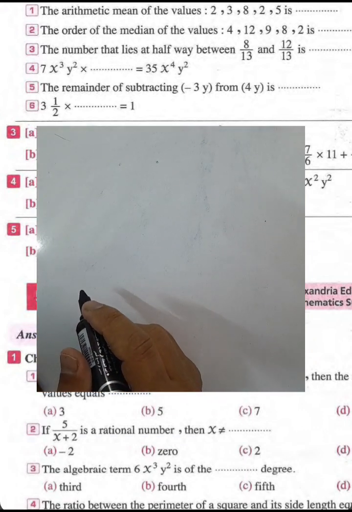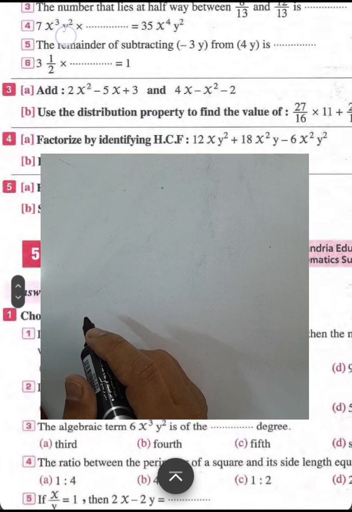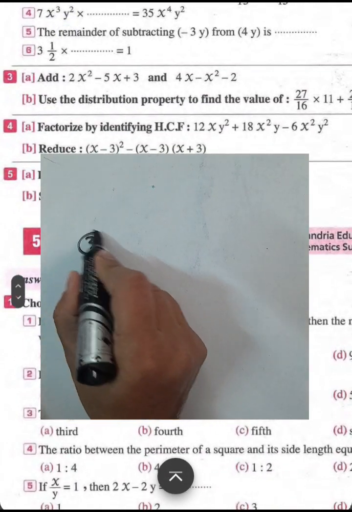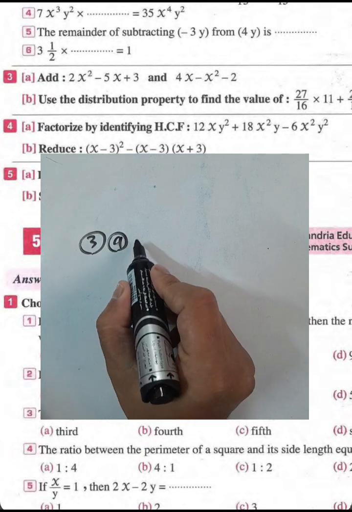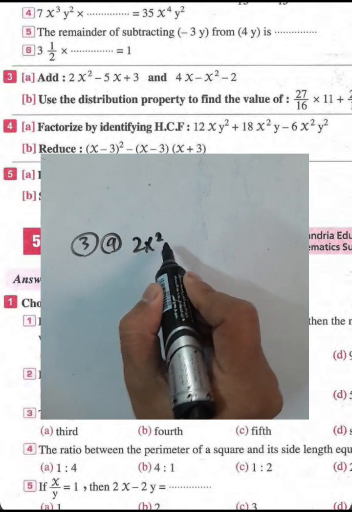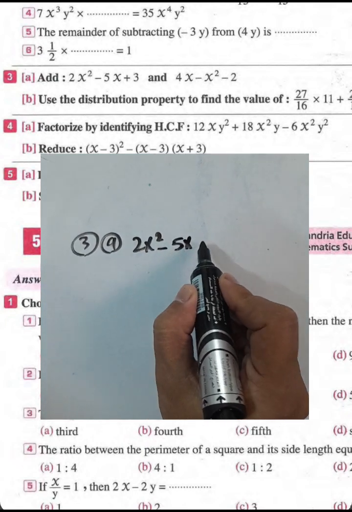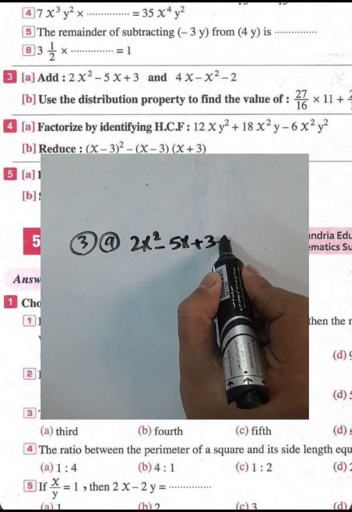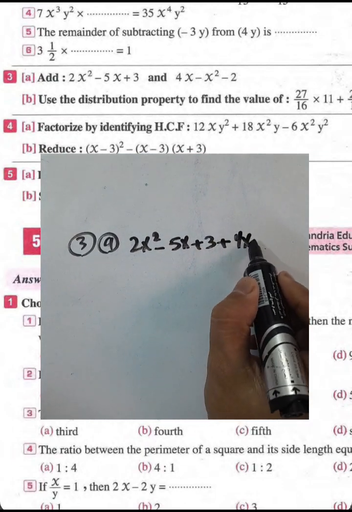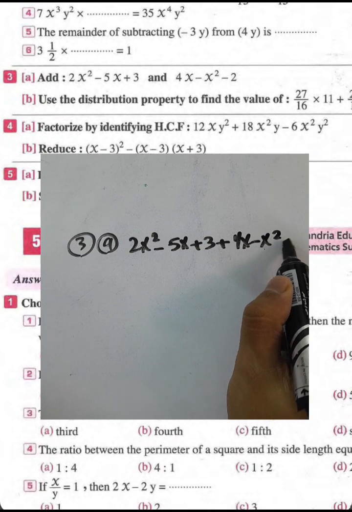Next, question number 3, letter A. Add 2x power 2 minus 5x plus 3 to this expression: 4x minus x power 2 minus 2.